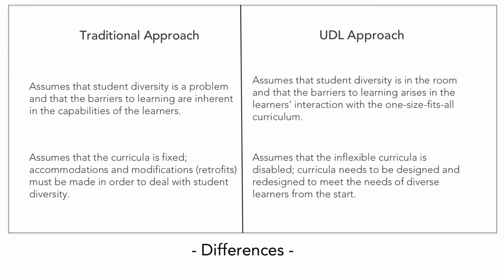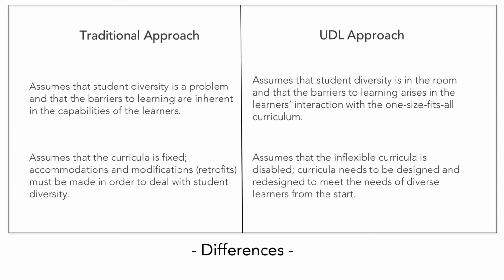Okay, traditional approach versus the UDL approach. The traditional approach assumes that student diversity is a problem and that the barriers to learning are inherent in the capabilities of the learners, where the UDL approach assumes that student diversity is in the room and that the barriers to learning arise in the learner's interaction with the one-size-fits-all curriculum.